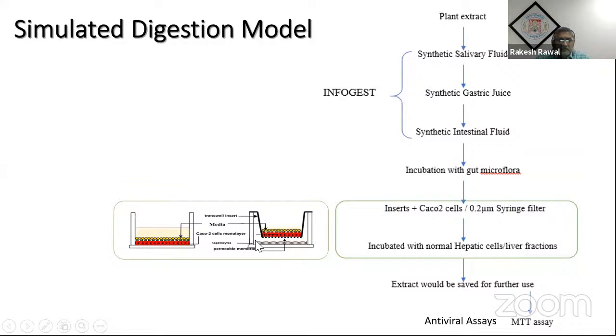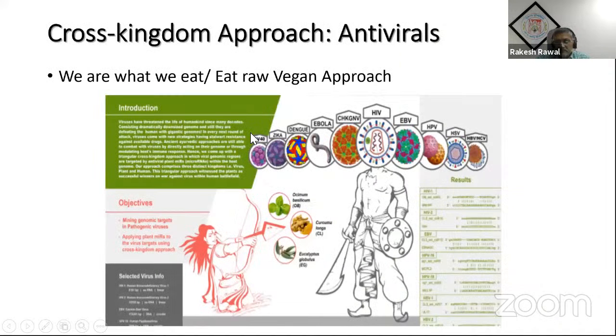So whatever supernatant is taken from this after hepatocyte digestion will be used for screening in the in vitro model, which was shown earlier. And then we can say that really this is the phytopharmaceutical, and these are the metabolites which are acting on the target, and that is effective.